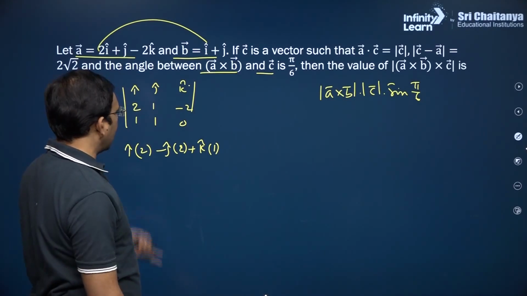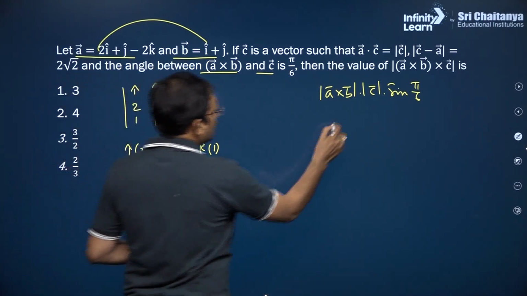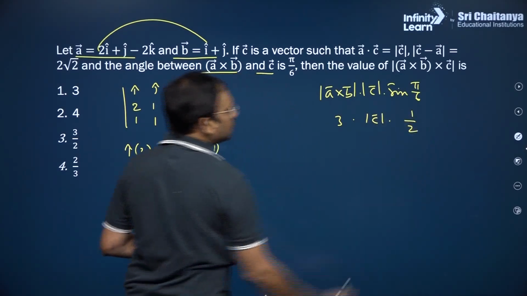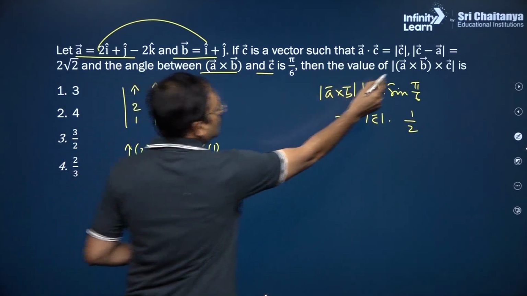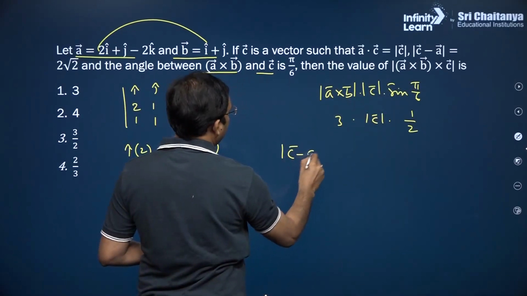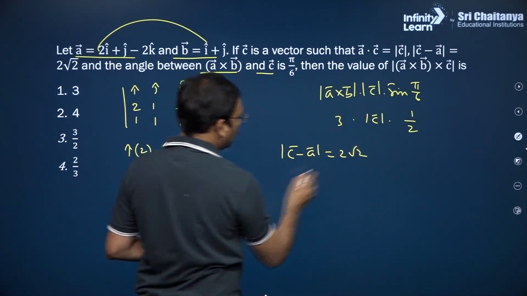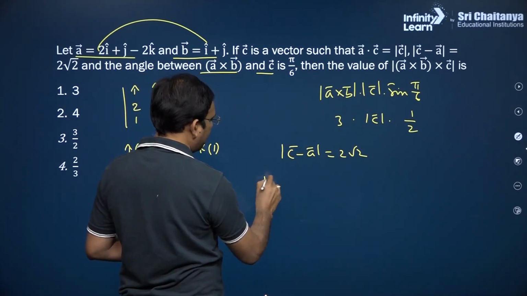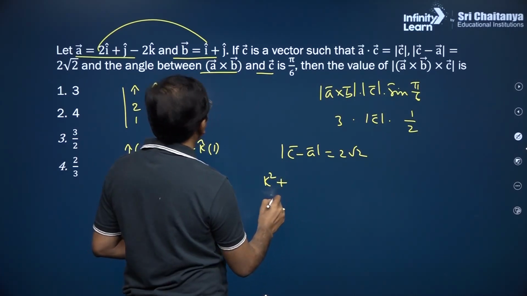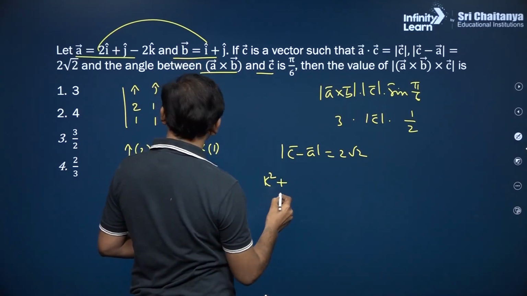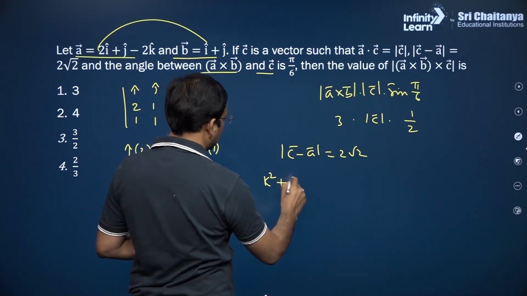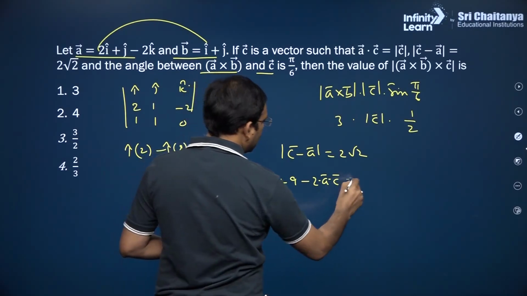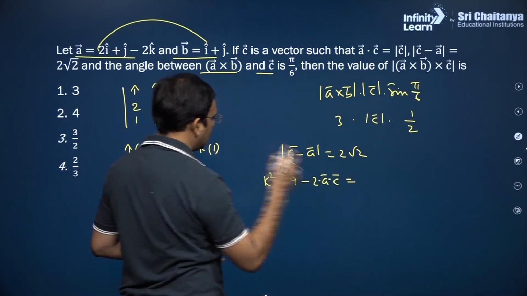So my dear friends, its magnitude is going to be root 9, which is 3, and mod c into sin 30 degrees is 1 by 2. Now you want mod c, for this you can take this magnitude, magnitude of c bar minus a bar is given as 2 root 2, its square is magnitude of c bar square, let it be k square, plus magnitude of a bar square, it is already known, its magnitude is 3, so 9, minus 2 a dot c is going to be equal to its square, we can say this is 8.